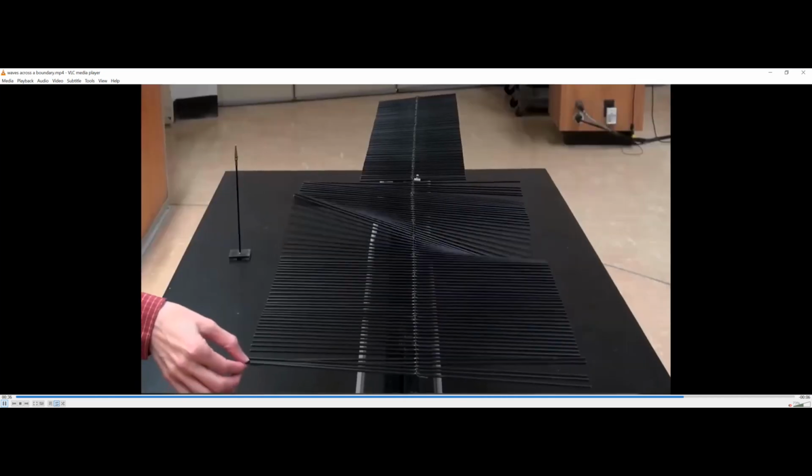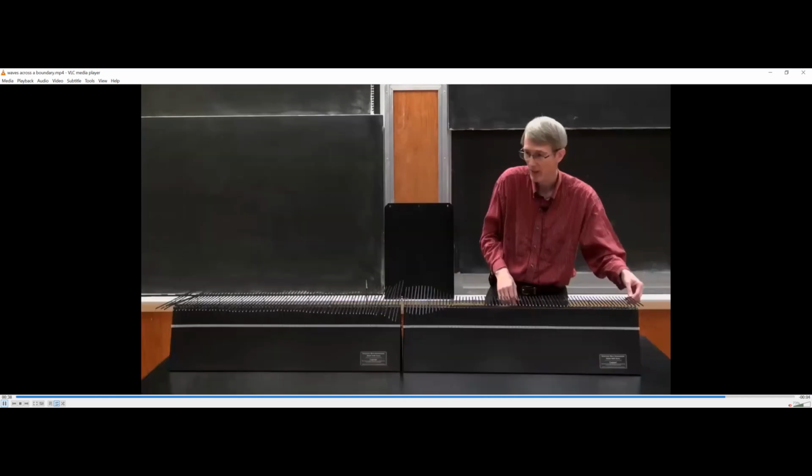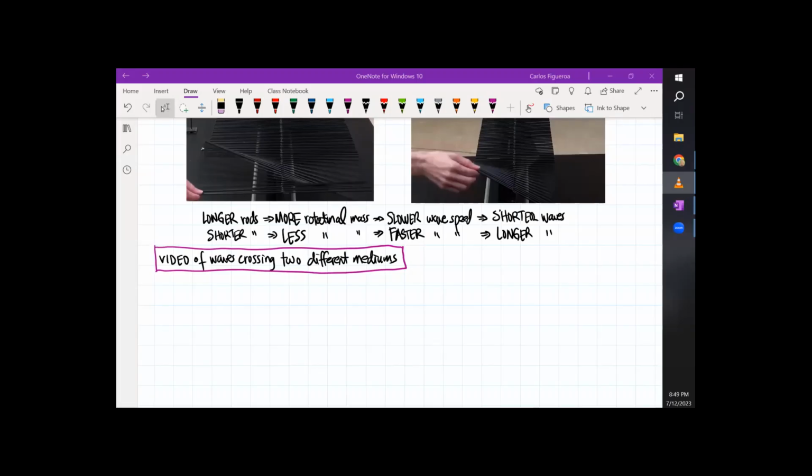The other direction's better. But this is very, very short. Here it goes. Oops. It's the next one. Look at that. Look how much shorter that wave is. That's what we want to look at right there. So that video with the Shiva wave machine really shows you what we've been talking about right here.